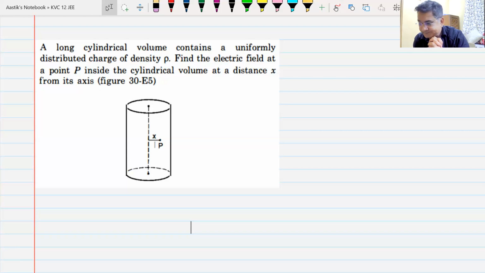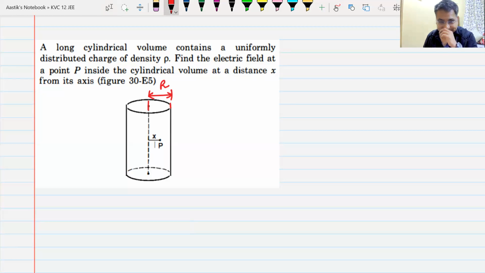To find it everywhere, you must know the radius of this cylindrical surface, which is r. I have the answer for inside, rho r by 2 epsilon naught. What about the answer for outside?